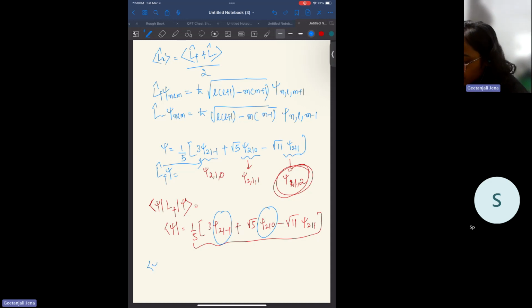So before calculating the expectation, let's see what L plus psi will be.